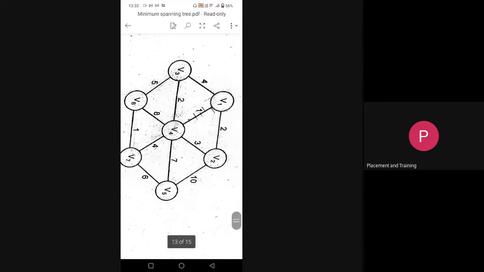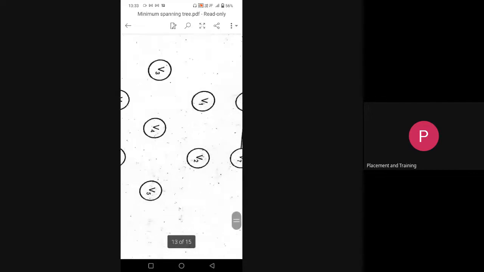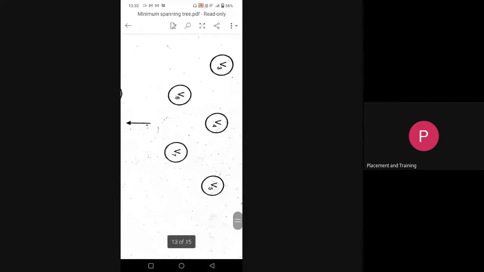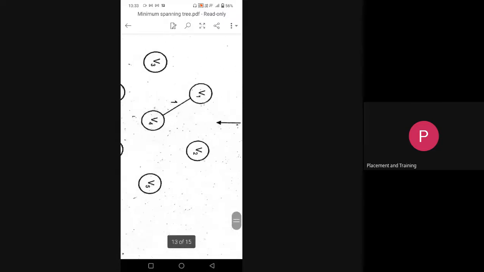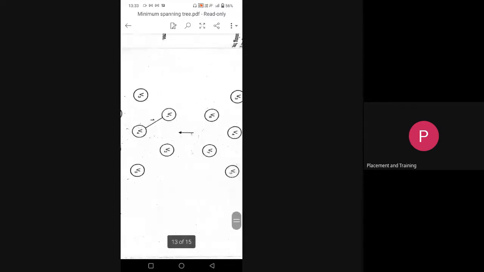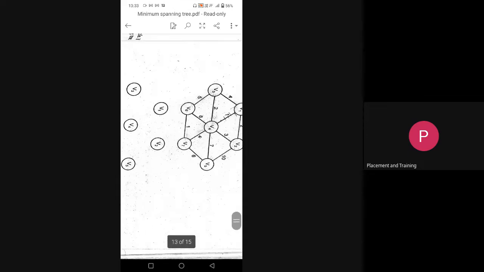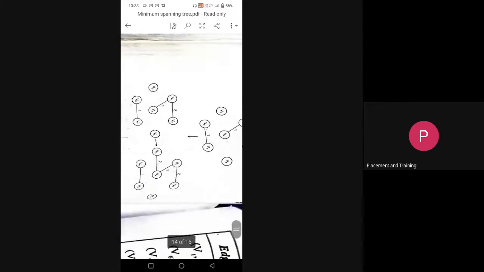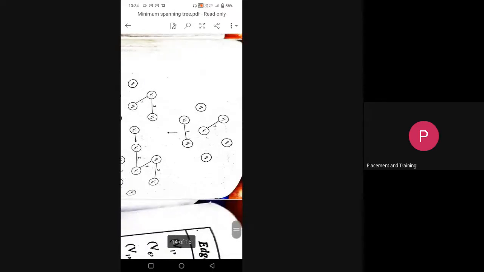First I'm going to draw the connection between V1 and V4. This is my step 1 where I draw all the vertices. Coming back, the second step, I draw the connection between V1 and V4. So what will be my next step? Obviously, I'll have to connect V6 to V7. So first V1 and V4, then V6 to V7.